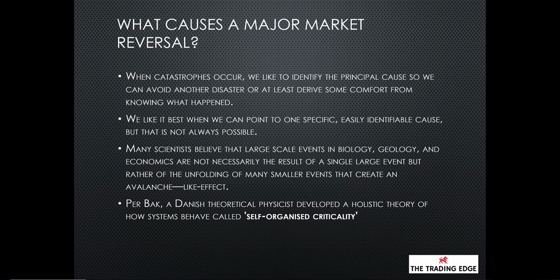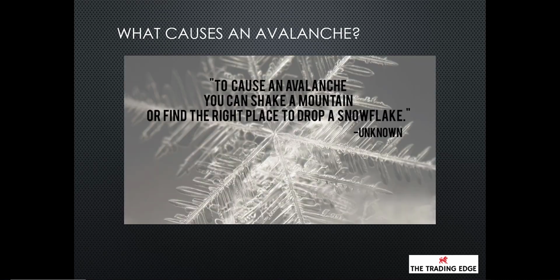And so it is with many of these systems, like the stock market: sometimes it just takes that last grain to hit the market at the wrong place to cause it to tip over. So, what causes the avalanche? Well, as I described already, to cause an avalanche, you can shake the mountain, or you can find the right place to drop that snowflake.